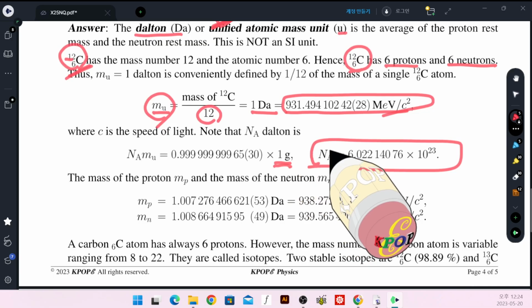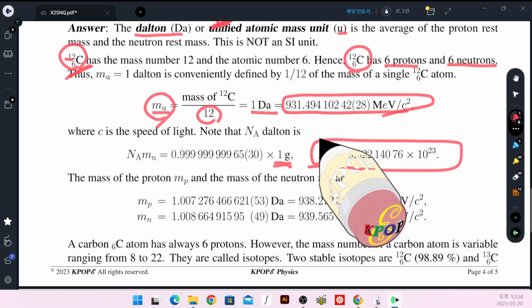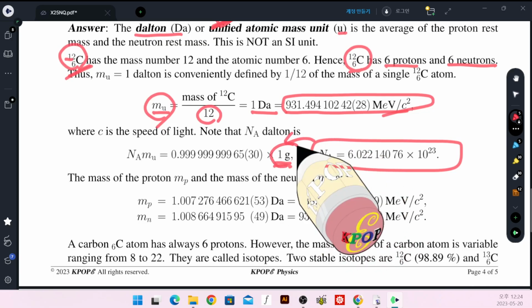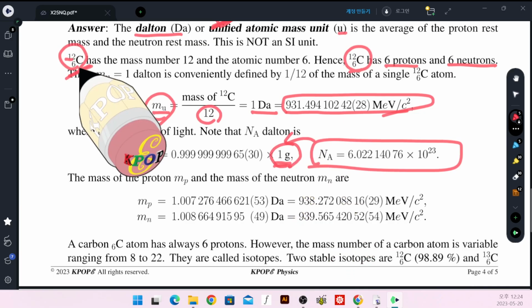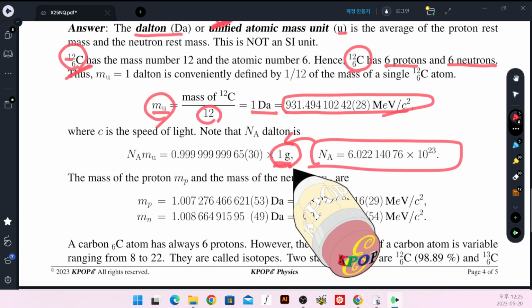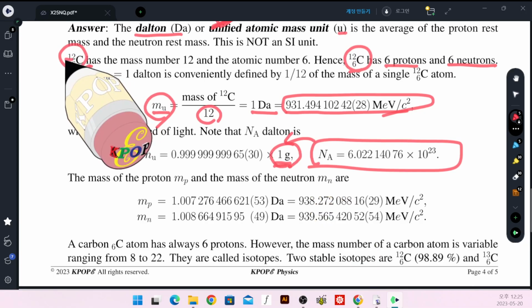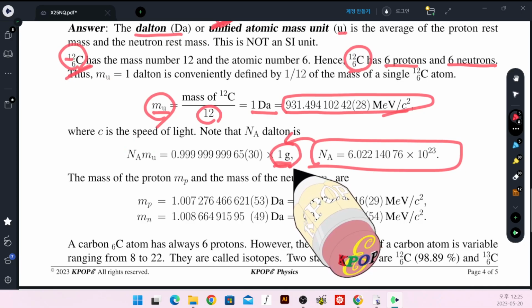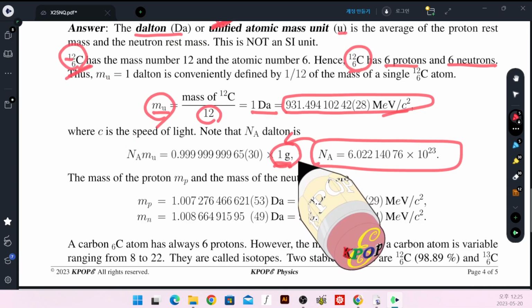So Avogadro's number is designed to match the mass of a sample of uniform material consisting of single atoms by replacing the mass number with the mass number multiplied by simply grams.